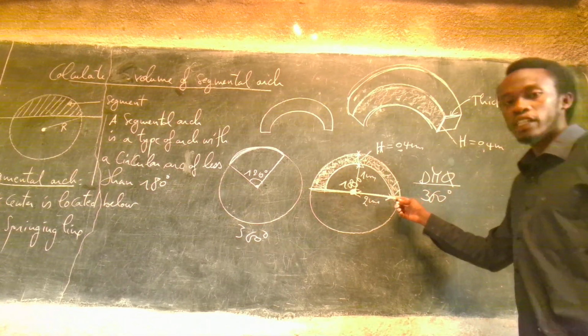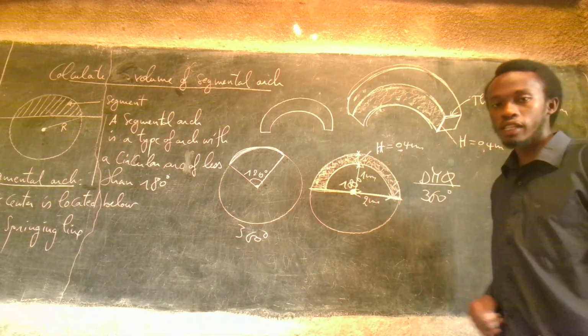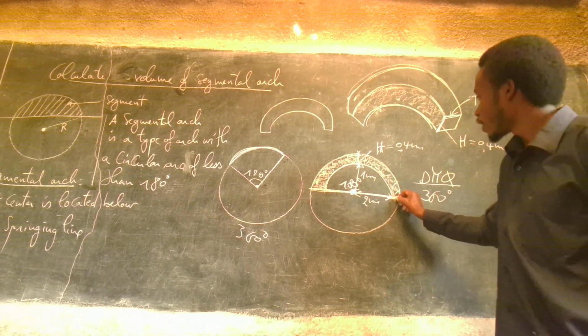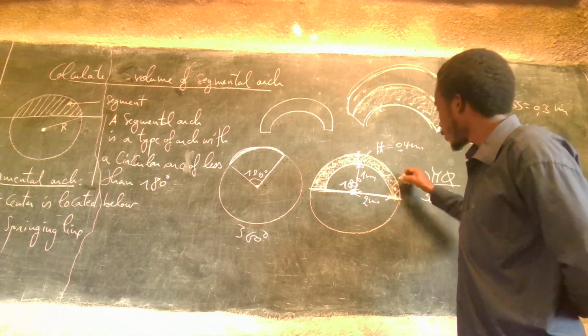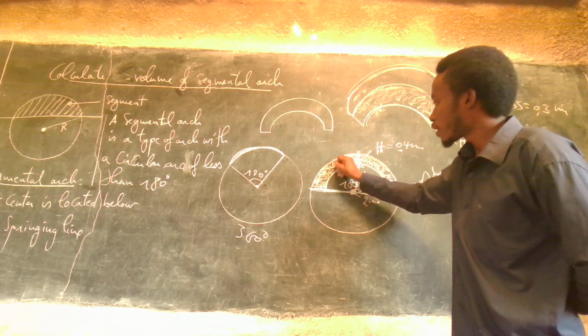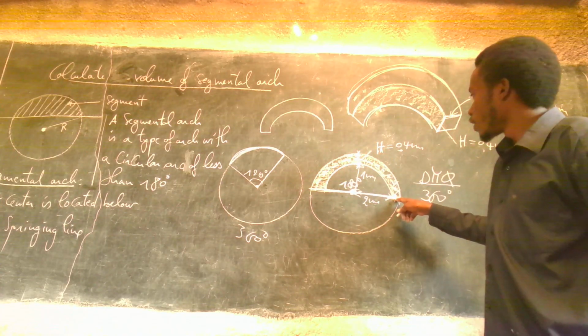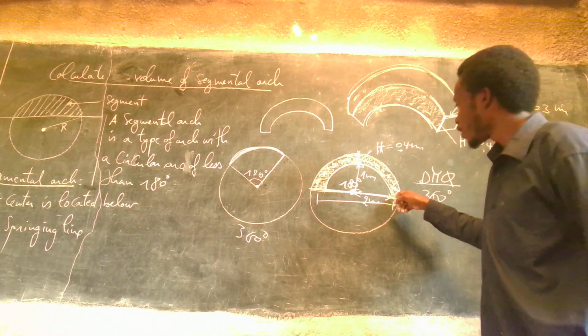So in order to calculate the surface area of this arch, this front surface area, we have to find out this center line length. The center line is from here to here.